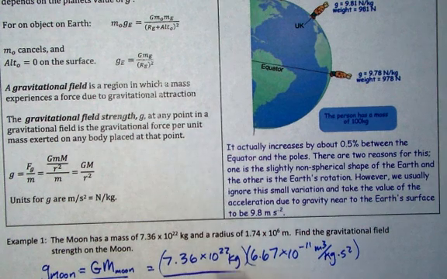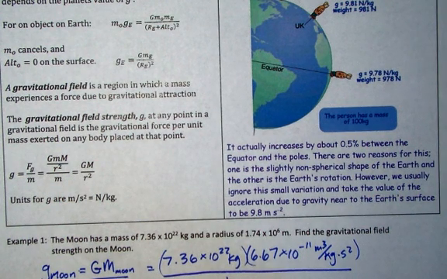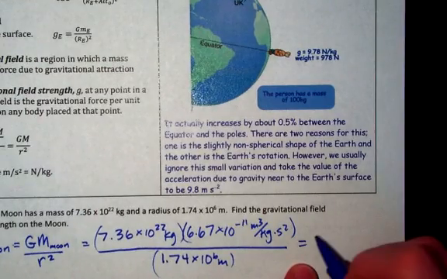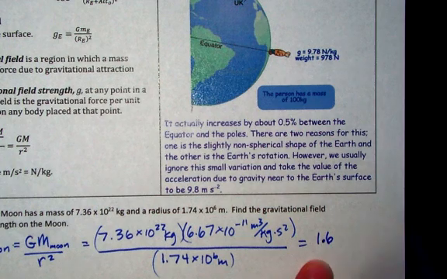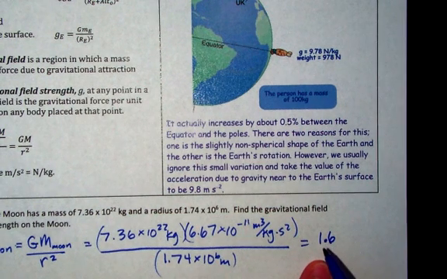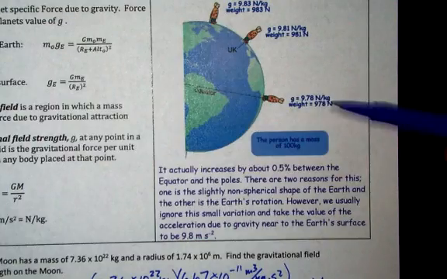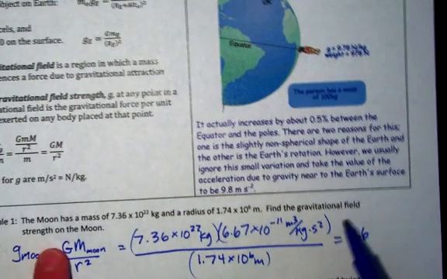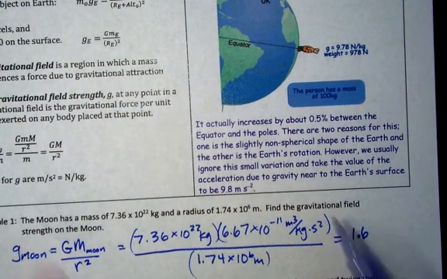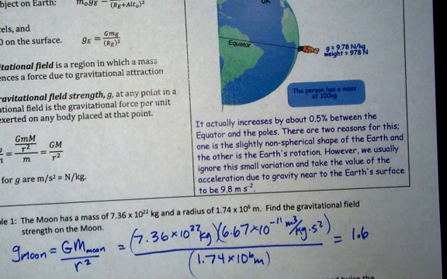And that's over the radius, 1.74 times 10 to the 6th meters. And then when you type that on your calculator, if you do it correctly, you should get 1.6. Okay, now at this point, we have an option of units that we could use. We can either use newtons per kilogram, which kind of makes sense when we're talking about this sort of strength here, or you can use meters per second squared.